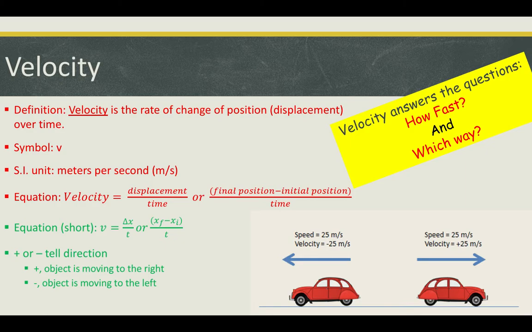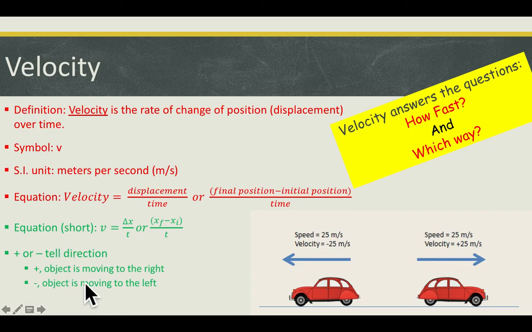Remember when in our density unit we used a V to stand for volume, and that was an uppercase V. The SI unit for velocity is meters per second, and the equation shown here shows that velocity is displacement divided by time, or if we expand displacement out to the one we saw in our last screencast, displacement is final position minus initial position divided by time. The shortened versions of those equations are shown here. Velocity is delta x over t, or its final position minus initial position, that difference divided by time.